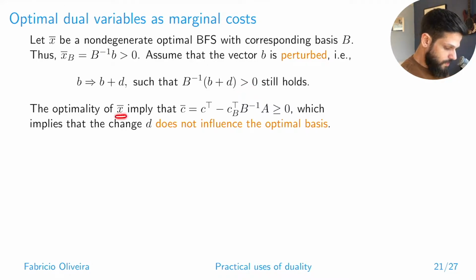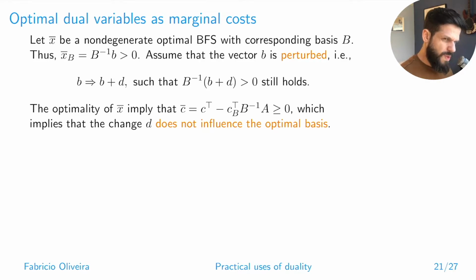Because x is optimal, we know that these reduced costs are all non-negative, okay? And that will mean that if you're doing this marginally and not changing feasibility, you're not influencing which is the optimal basis, because you can see here really any influence that you have is because of the vector b.